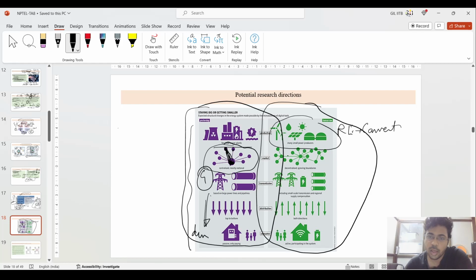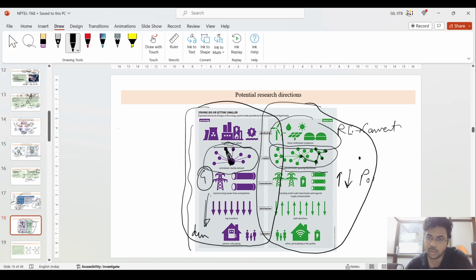If you see the present situation, you have the RE penetration plus the conventional system. It has decentralized communication features, such that each node has certain communication features between the centralized pockets, and each pocket has communication with the other pockets also, okay.